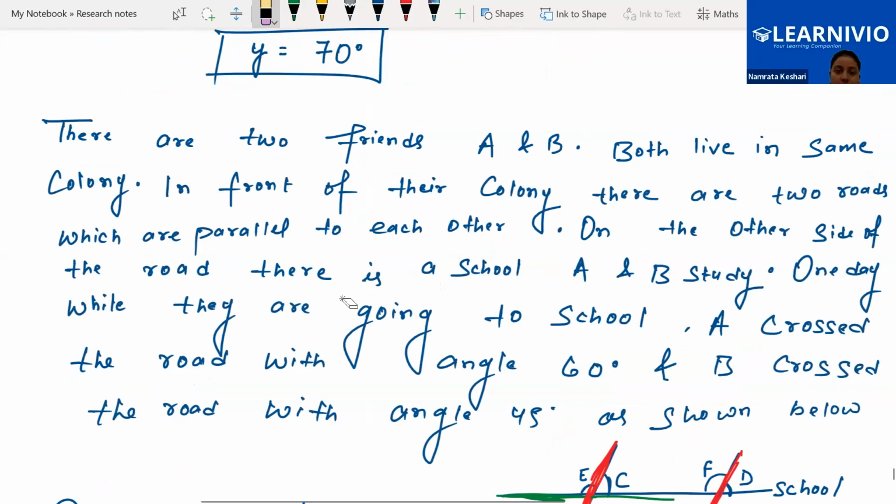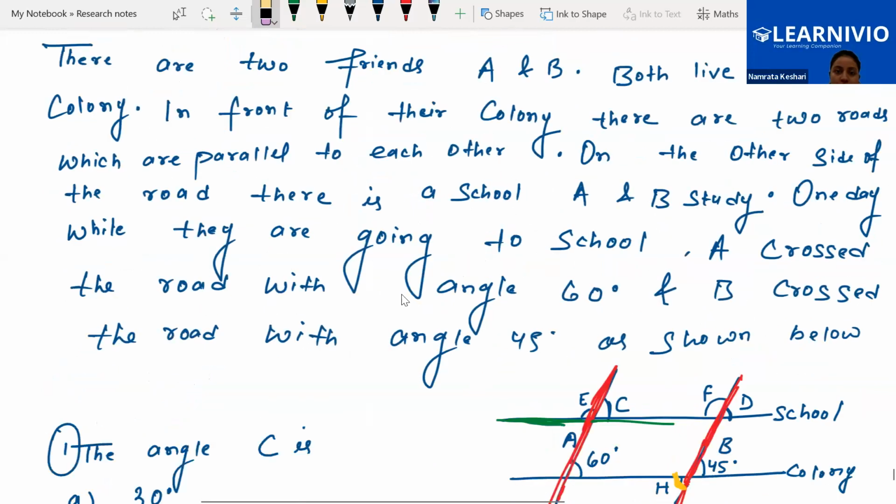On the other side of the road, there is a school.